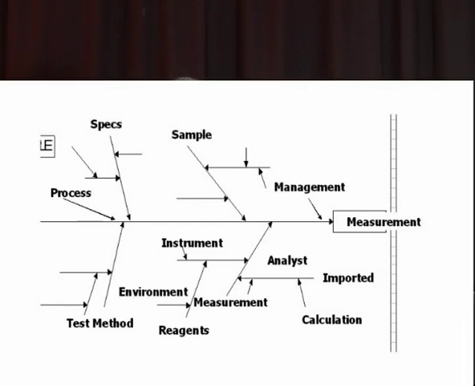Now, management support is critical in terms of resources required, the analysts required, the quality of instruments required, the quality of calibration that is required, the periodicity of calibration that is required, the maintenance that is required, the quality of reference standards and reagents that is required. All this contributes to whether a measurement continues to be valid or not valid.